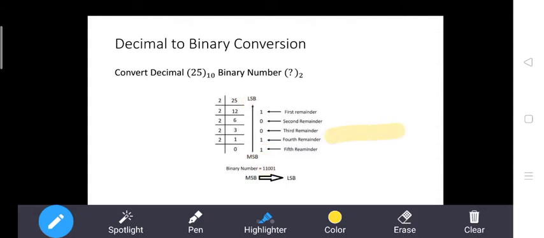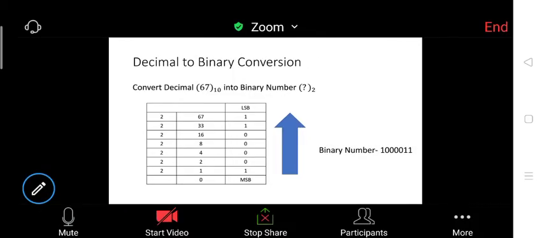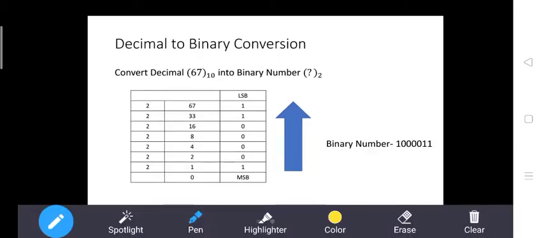Our second problem is 67. We need to convert this 67 decimal into equivalent binary. I write 67 over here. 67 divided by 2, my answer will be 33. 33 into 2, 66. 67 minus 66, remainder will be 1.